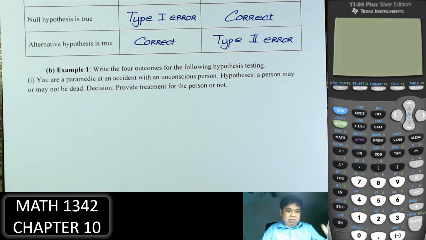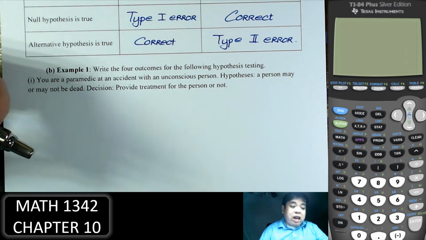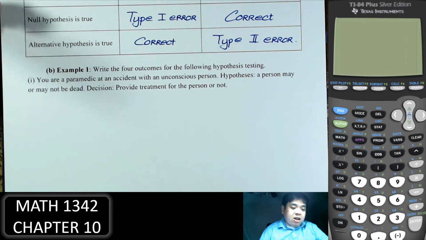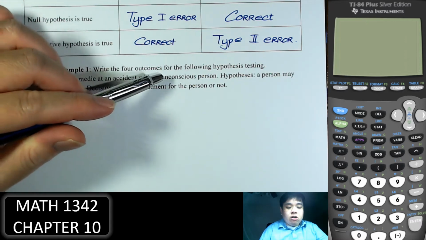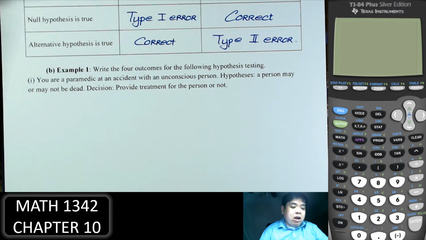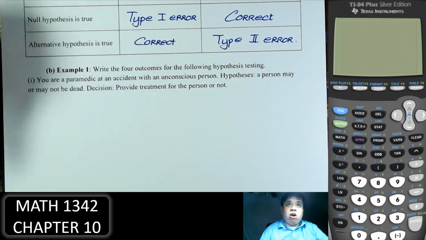Here we have the first example. Write 4 outcomes for the following hypothesis testing. Here is the scenario. You are a paramedic at an accident site with an unconscious person. The hypothesis is a person may or may not be dead. Decision: provide treatment for the person or not.